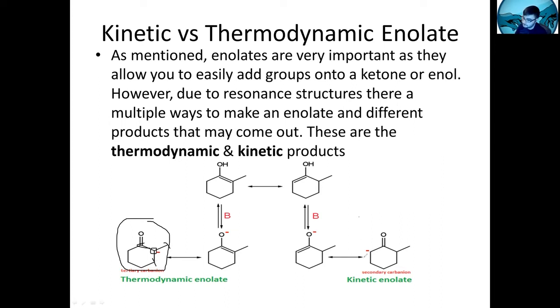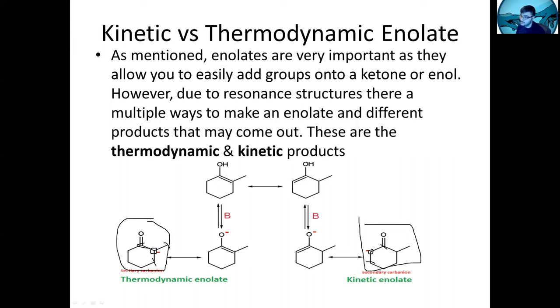Whereas with this one, you have the negative charge on this one, and this is called a secondary carbanion. The reason it's called secondary is because it's 1, 2. This carbon is only attached to 2 other carbons rather than 3. Because of that, 2 other carbons don't stabilize the negative charge as well as 3 carbons would.